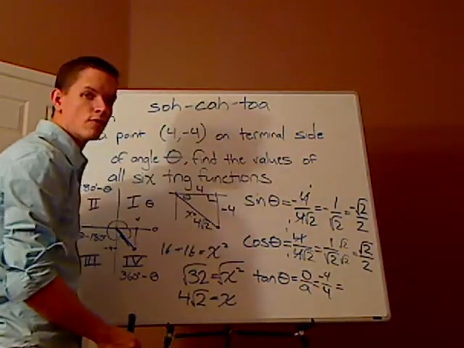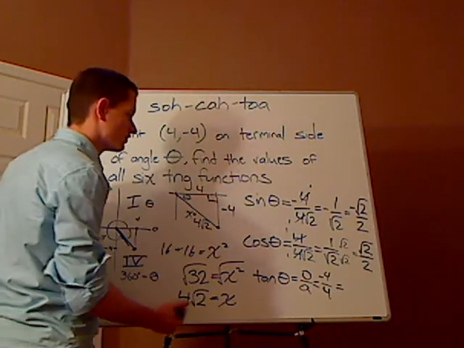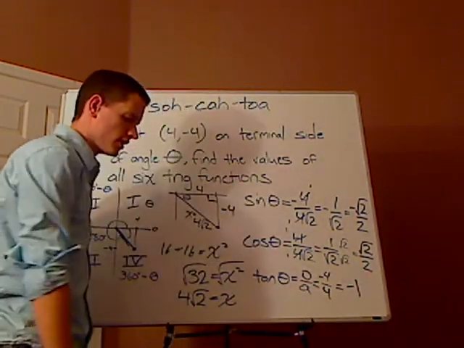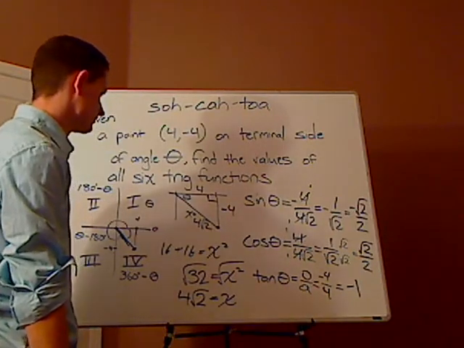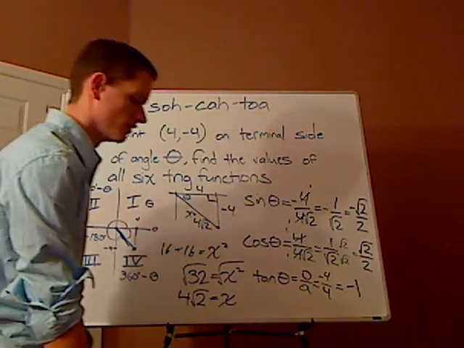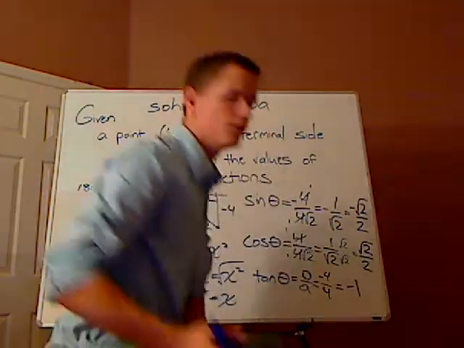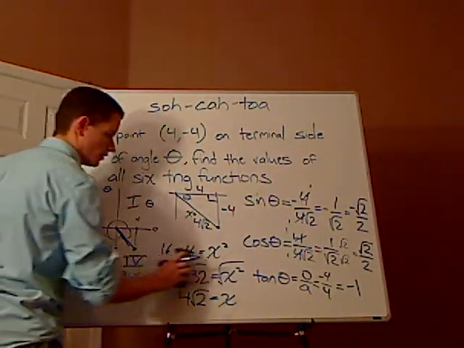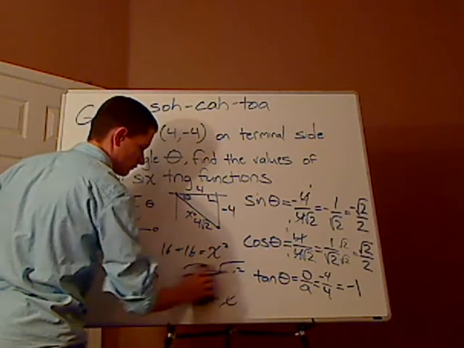What's negative 4 over 4 when you simplify it? Yeah, it's just going to be negative 1. Now, I ran out of space. So what I'm going to do is take my eraser and erase this part. I erase everywhere I don't need anymore.